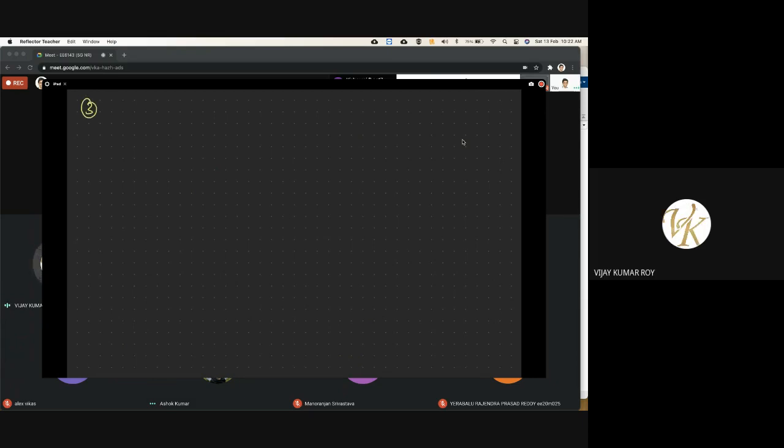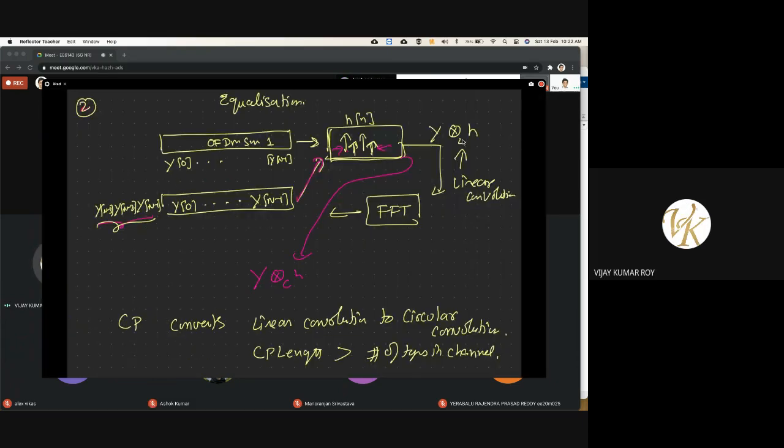One more question. Just delay spread due to multipath. Does it depend on the sensitivity of the receiver also? No, sir. Because if the handset which receives the signal has limited sensitivity, so many paths are there. I understand what you are asking. You are saying that if one tap is very low power, will you be able to resolve that?